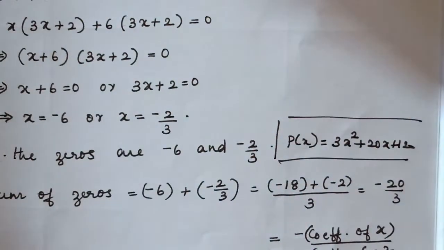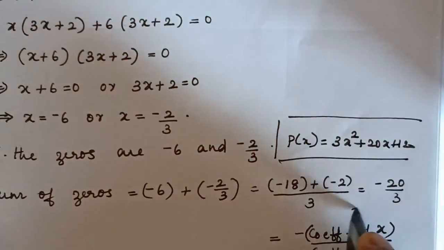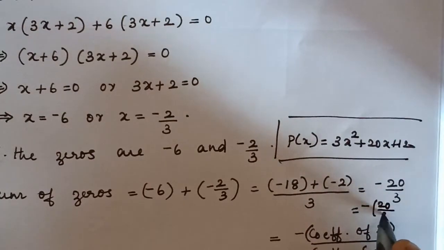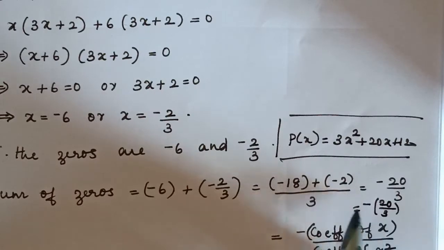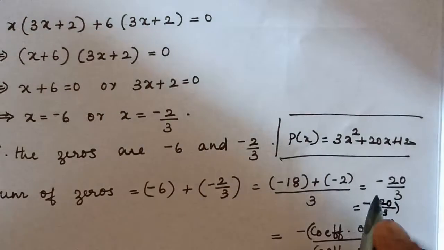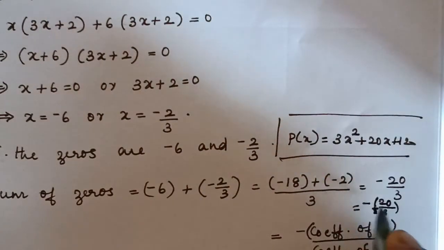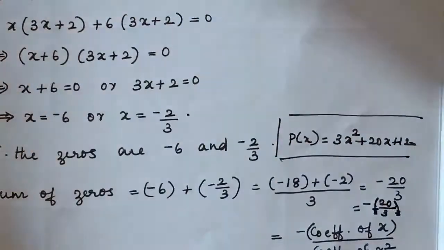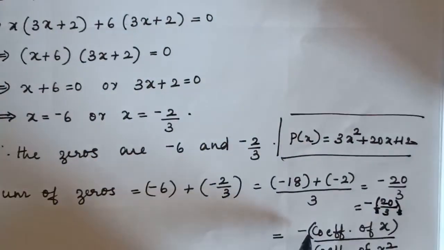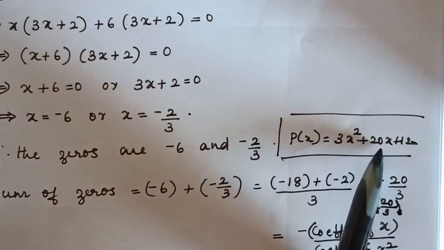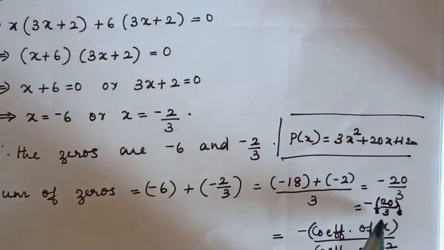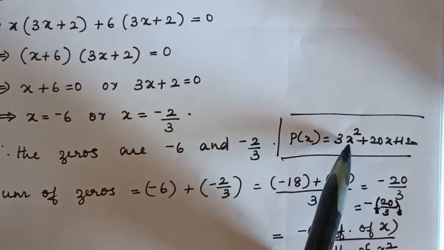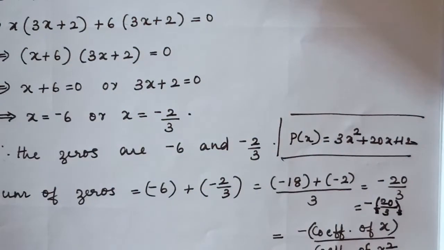This minus 20 by 3 we can write as minus of 20 by 3, right? That is minus coefficient of x divided by coefficient of x squared. What is 3 here? It is the coefficient of x squared.